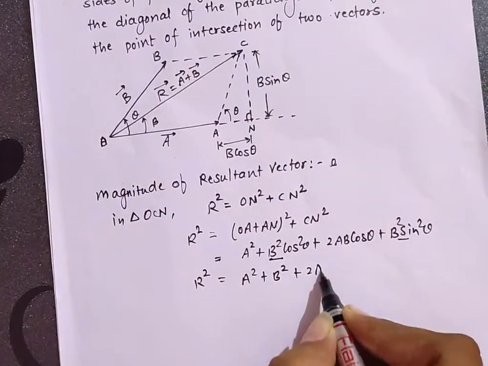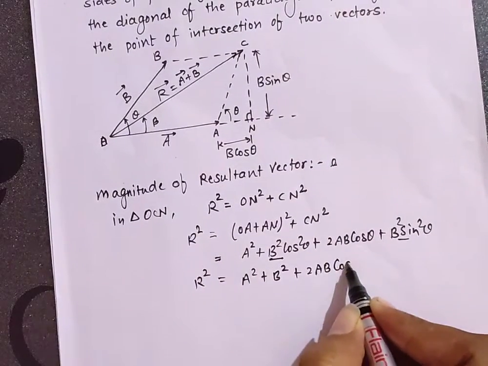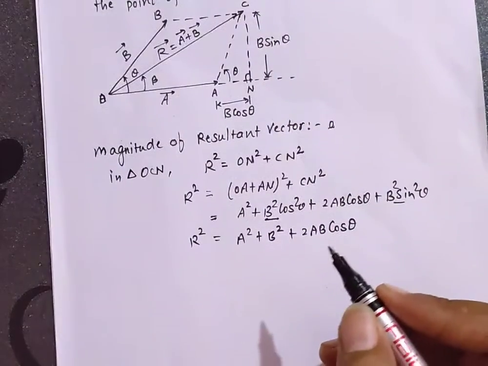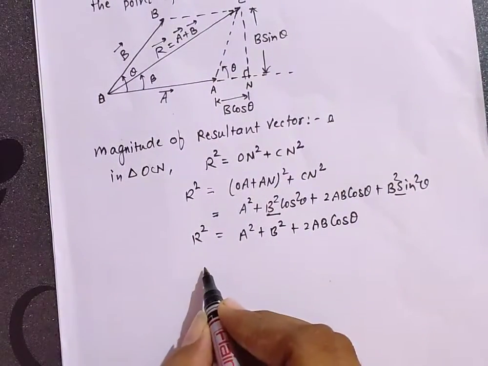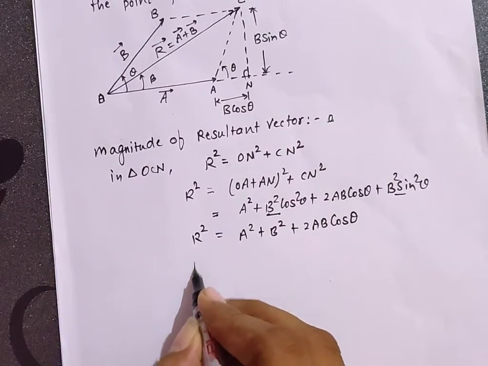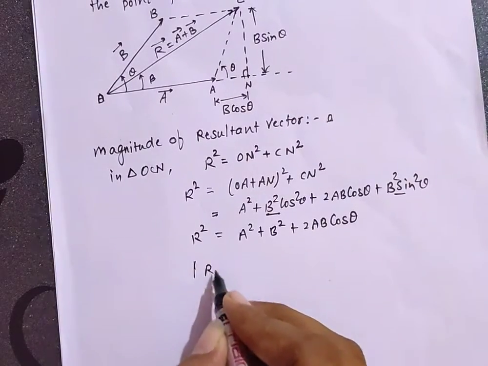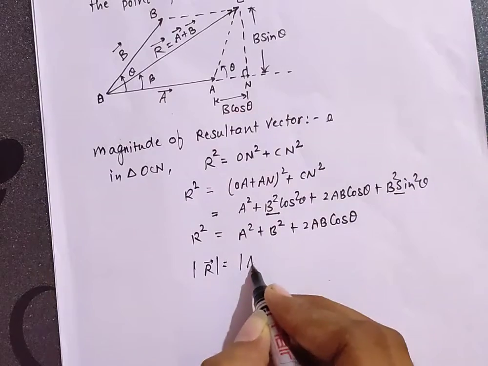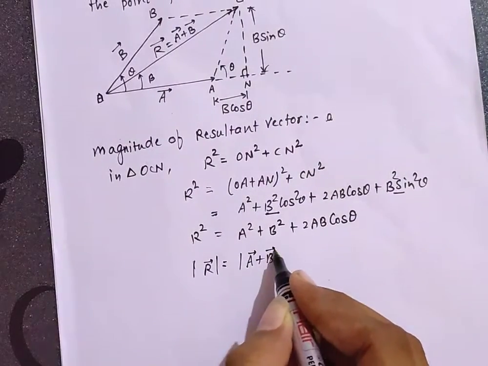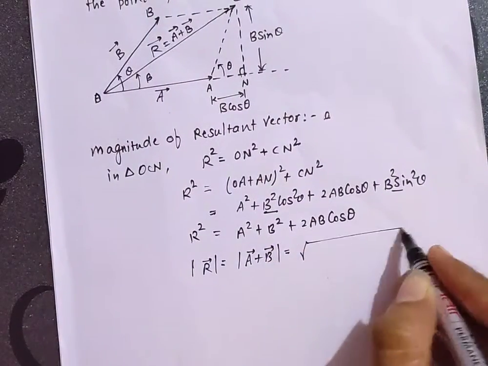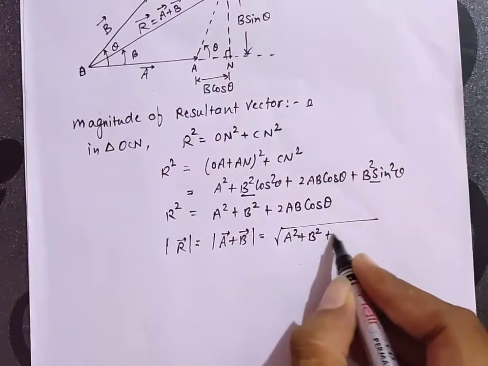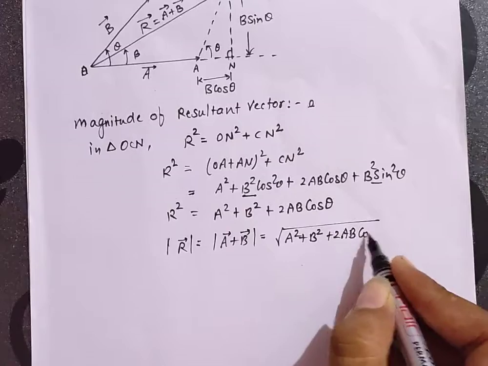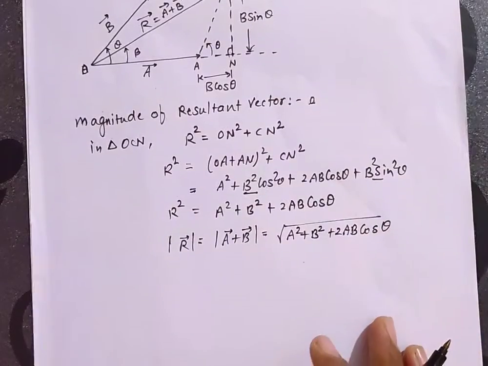This trigonometric identity we have already used in the triangle law derivation, so we have understood it. So R square is equal to A square plus B square plus 2AB cos theta. So the magnitude of the resultant R, the magnitude of vector A plus vector B, is equal to the square root of A square plus B square plus 2AB cos theta.